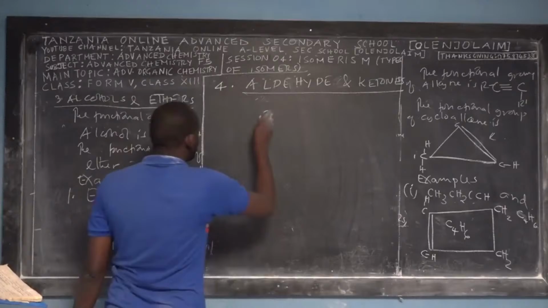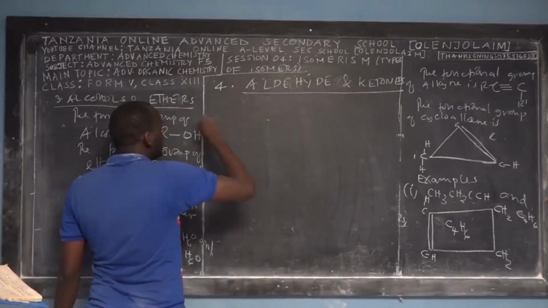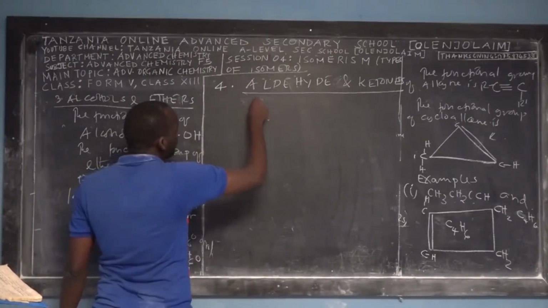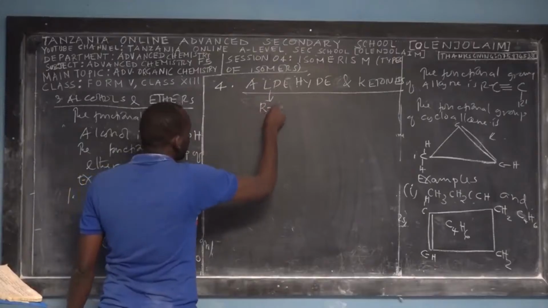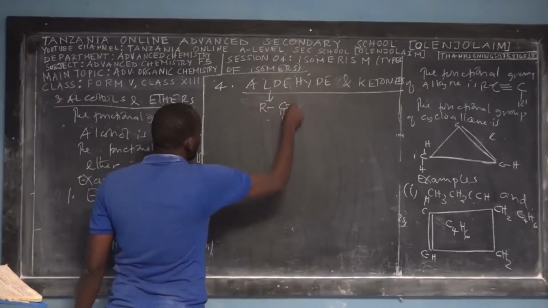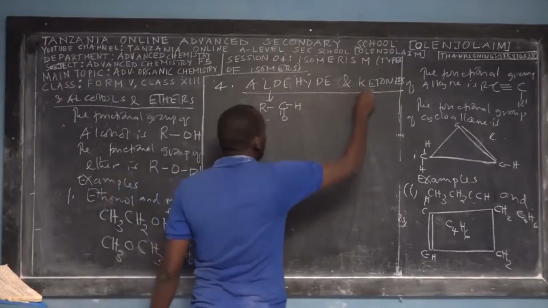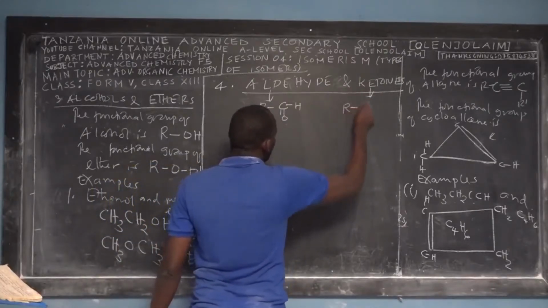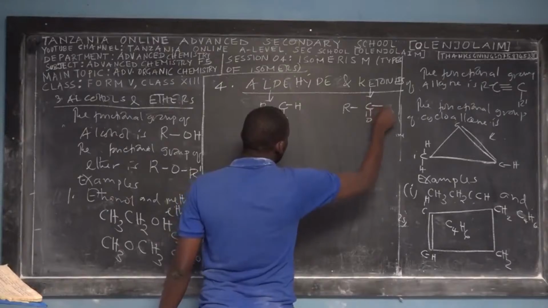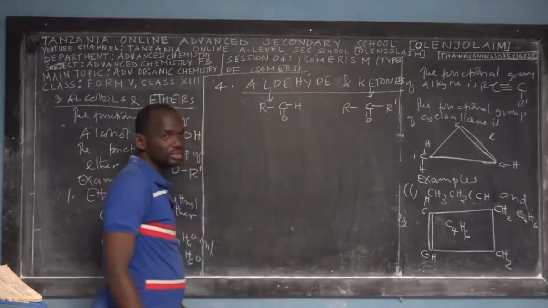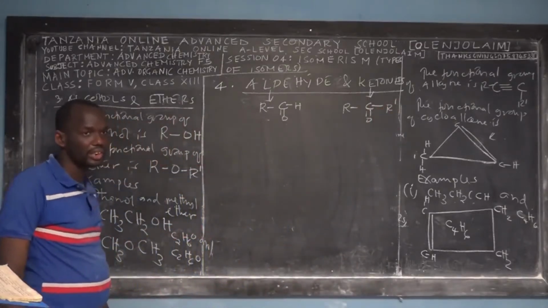The functional group for aldehyde is RCHO, and the functional group for ketones is RCOR'. We learn it later, don't worry.